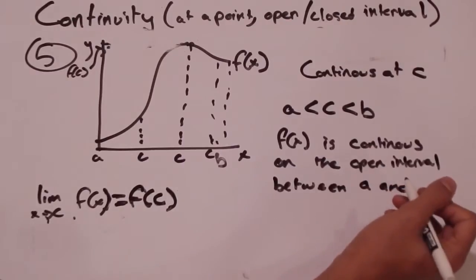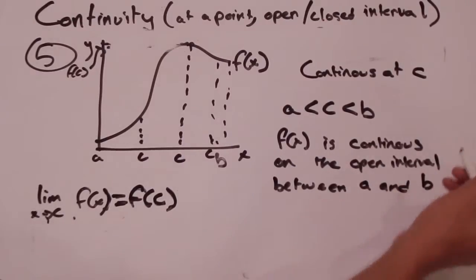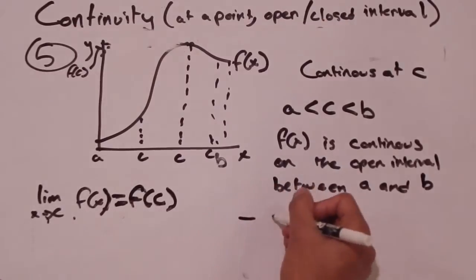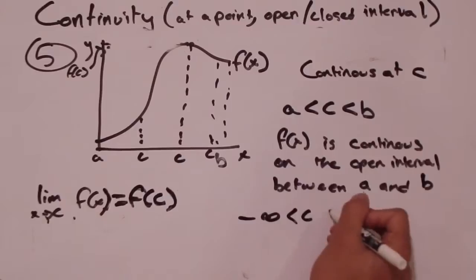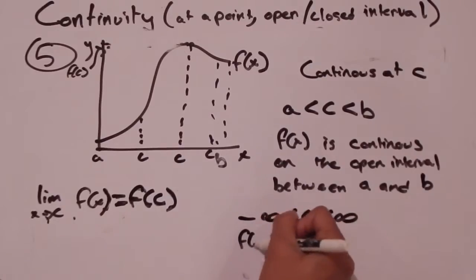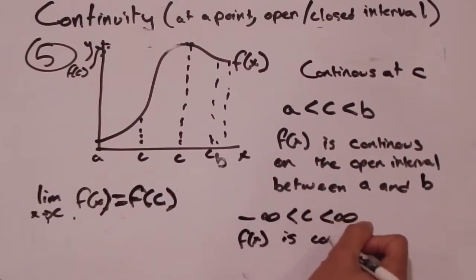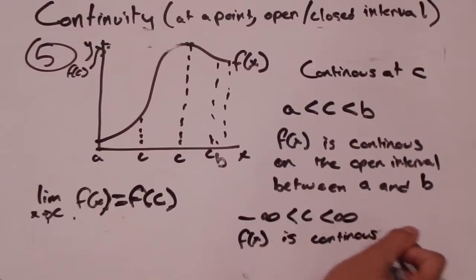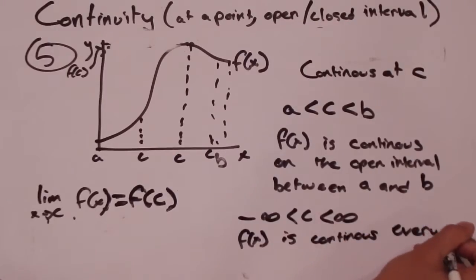And that is how you define continuity on an open interval. Now, if that open interval happened to be from negative infinity to infinity, we would say f of x is continuous everywhere. So that's some terminology.